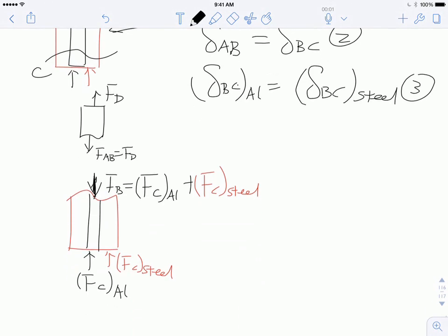So first of all, equation 2, I think that's everything's clear already. So let's do that. Equation 2, that's delta AB is delta BC.